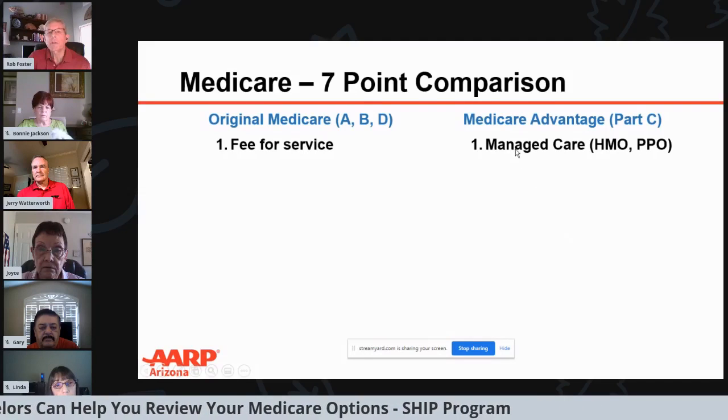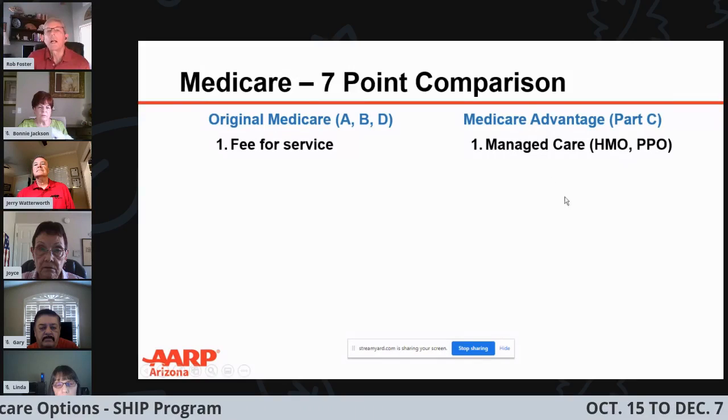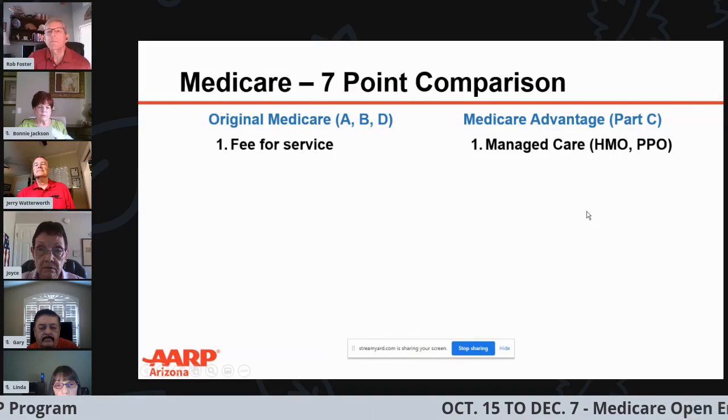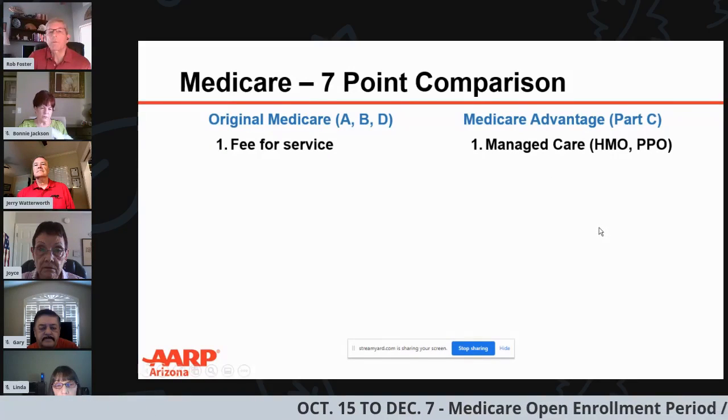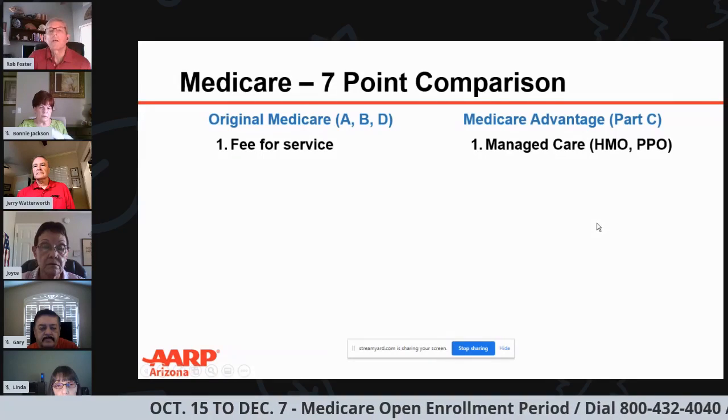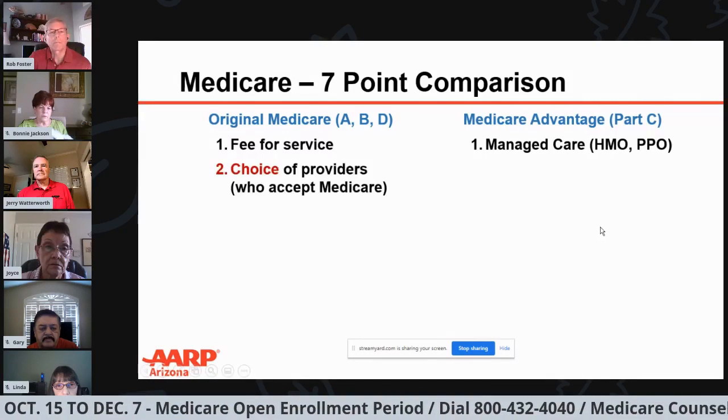And managed means that you have a primary care physician that you select, and that physician will provide referrals to specialists.